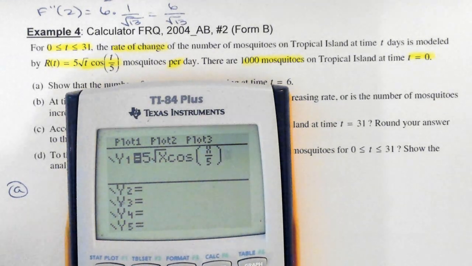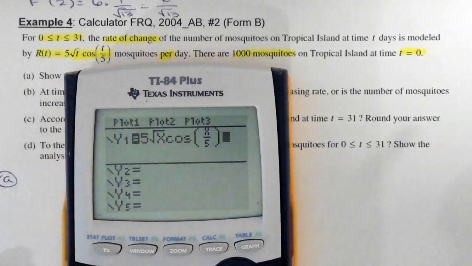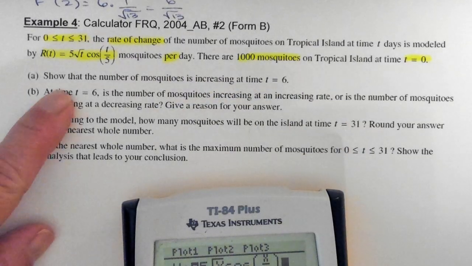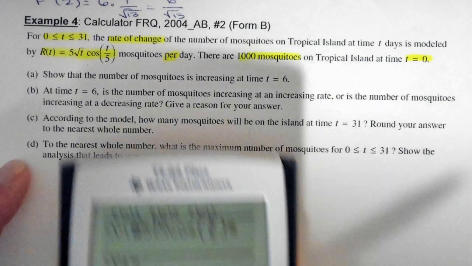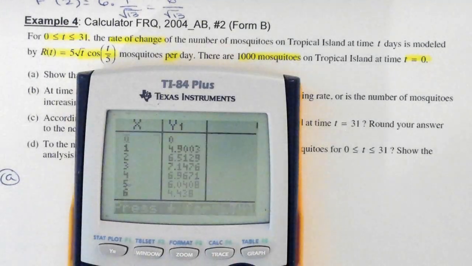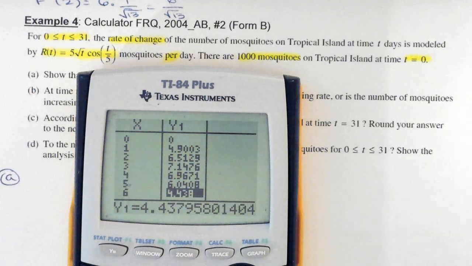Okay, and then at time 6, we want to see what's happening. So what they're saying is show that the number of mosquitoes is increasing. So you told me that I'm looking to see where velocity, which you're saying is the derivative, is positive. Okay, so if I go into the table, I have a list of everything here. Is that proof enough? We're looking for where the derivative is positive.